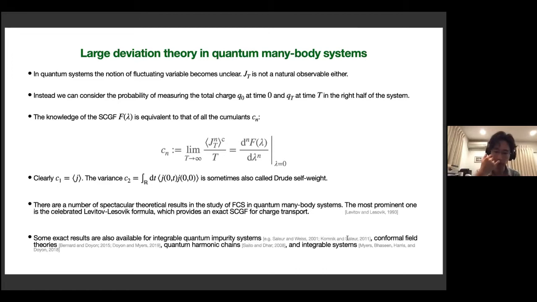So in fact, this exact f of lambda as well as cumulants are available in interacting systems. So what I'm going to do is not really trying to get something new, but rather trying to reproduce all these results that were obtained before, with the hope of expanding the horizon of MFT. I mean, we know that it's quite universal, but maybe it's even more universal than we expected. So that's the idea.